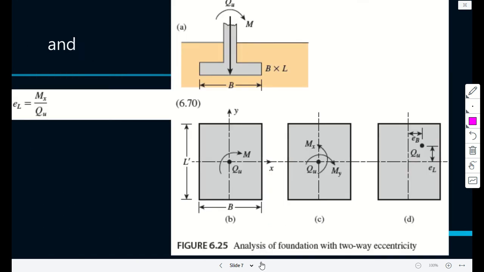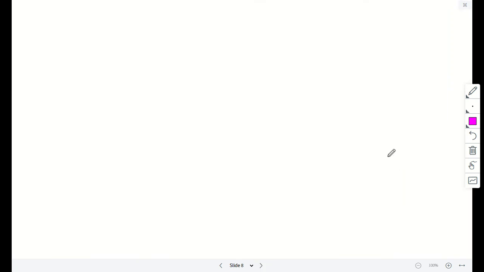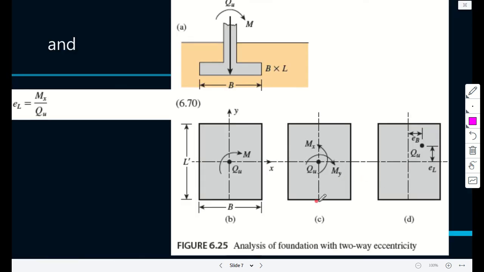D, so you can express this way, or if you want to talk about eccentricity, so that the Q is here, eccentric about x and also eccentric about y.